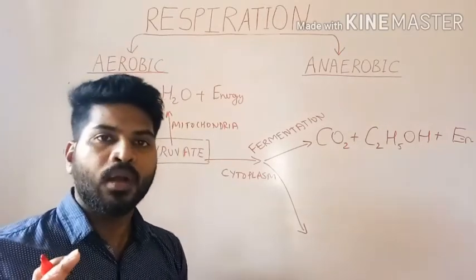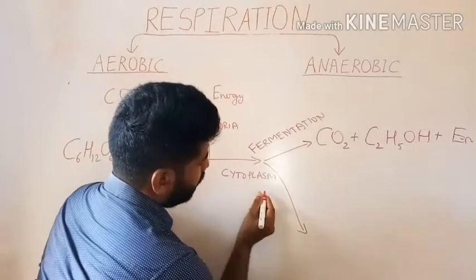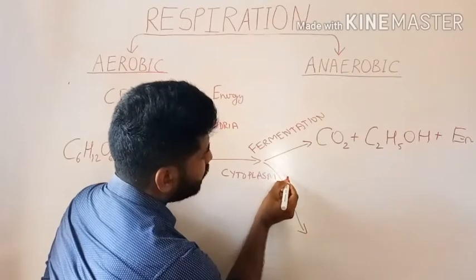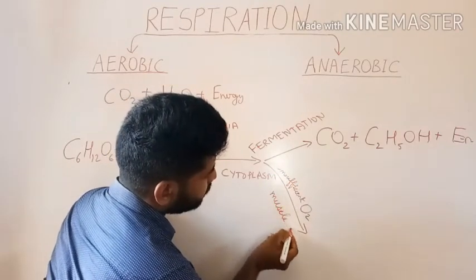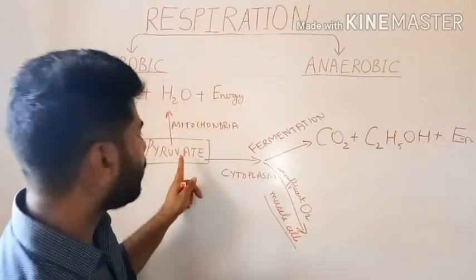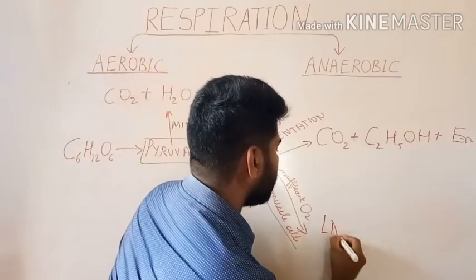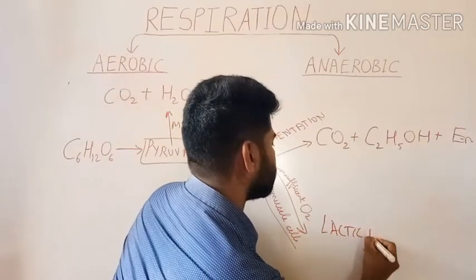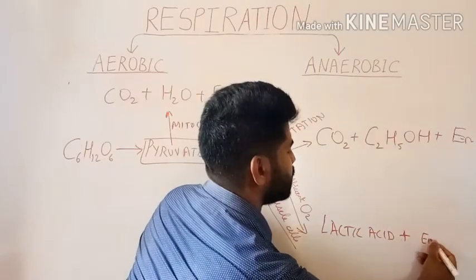But in cases of insufficient oxygen, in the muscle cells, the pyruvate molecule is broken down to give lactic acid and a small amount of energy.